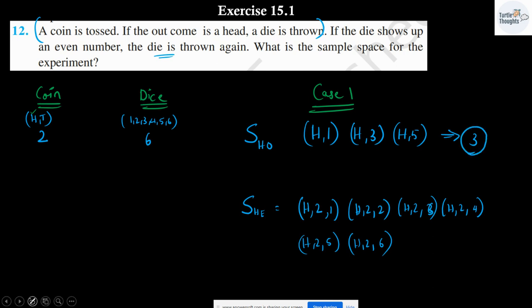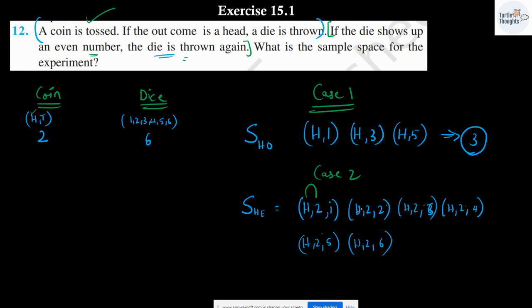For case 2, let me write this as case 2. You are tossing a coin first and getting a head, and then you throw a die and get an even number. If you get an even number, then once again you throw a die. So you can get a head and an even number, which is 2, and then any of the 6 numbers, 1, 2, 3, 4, 5, 6.